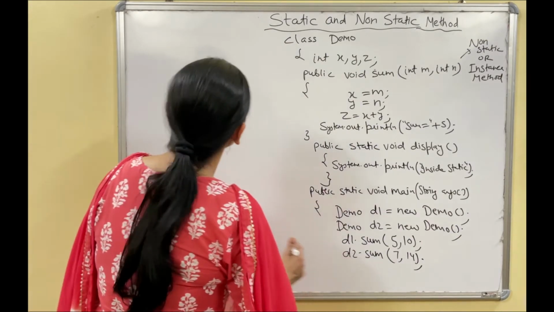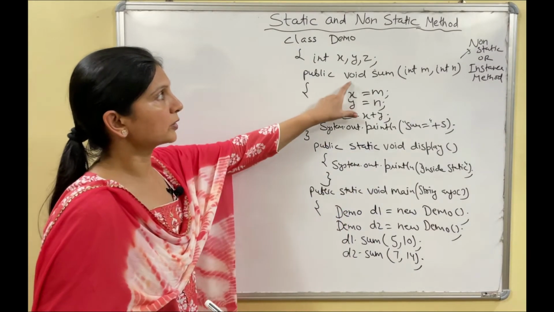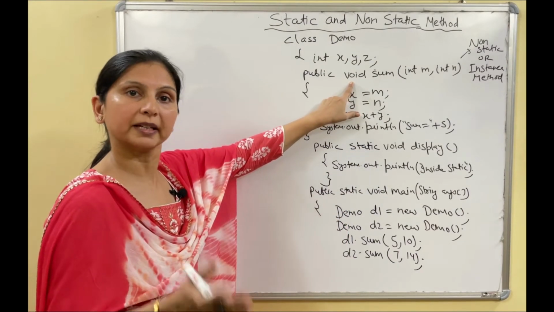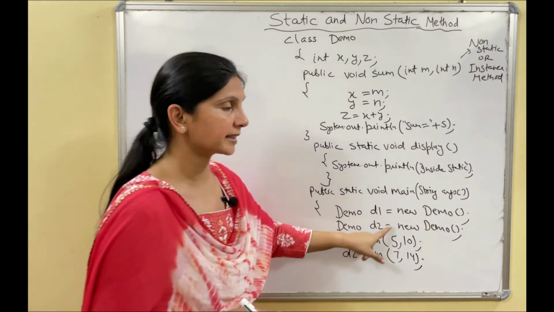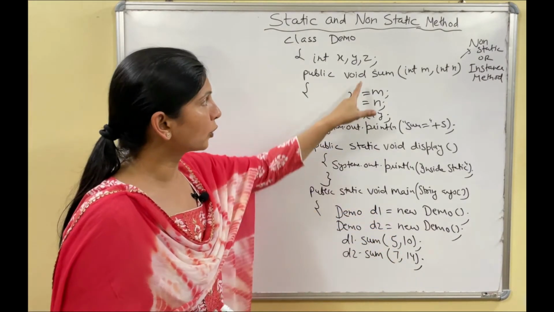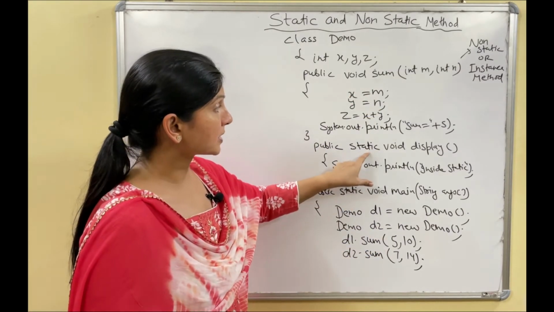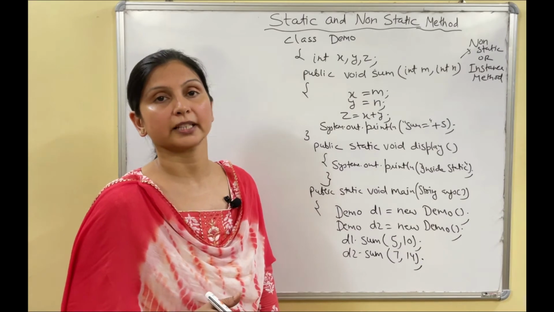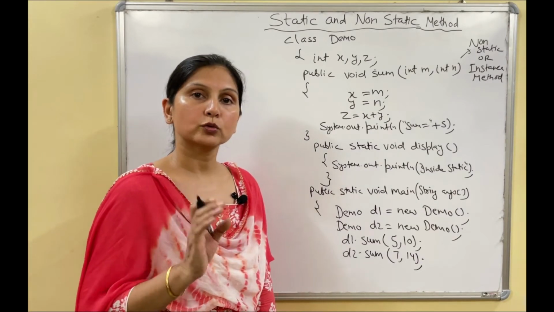Now how will you invoke this static method? This we have already discussed in the previous video: by creating the instance or by creating the object we can invoke the method, right? Now the static method, how will you invoke this static method? See, static method belongs to class.